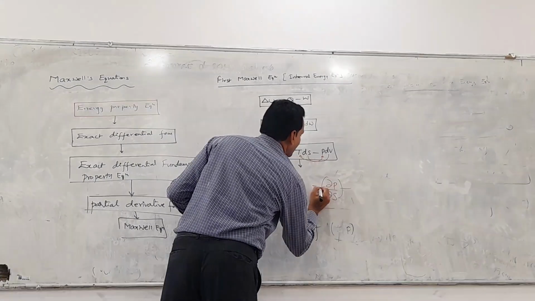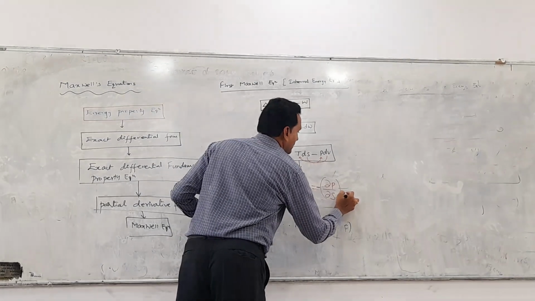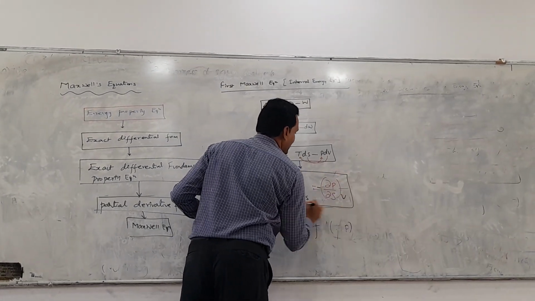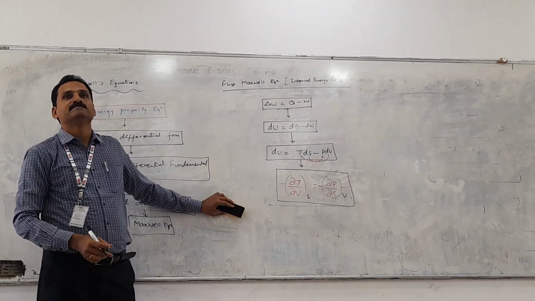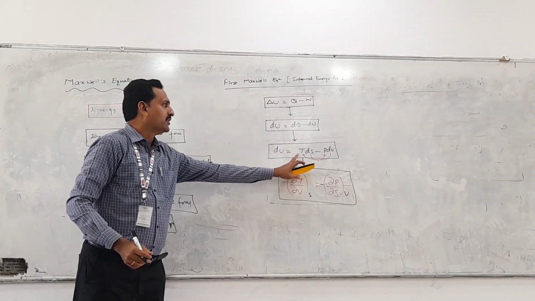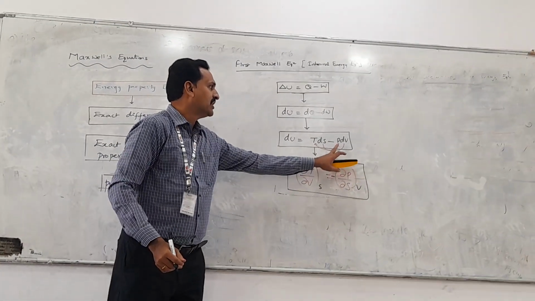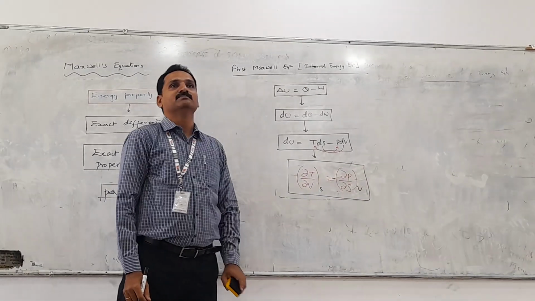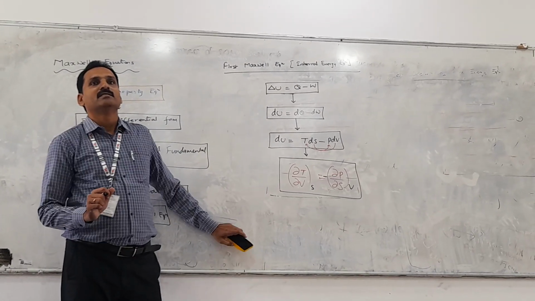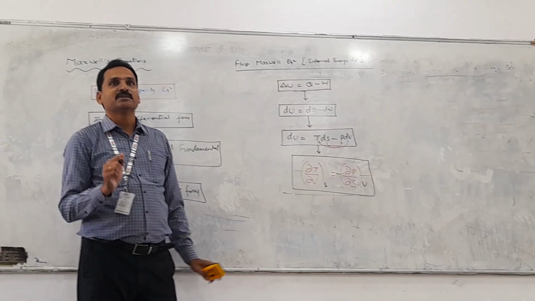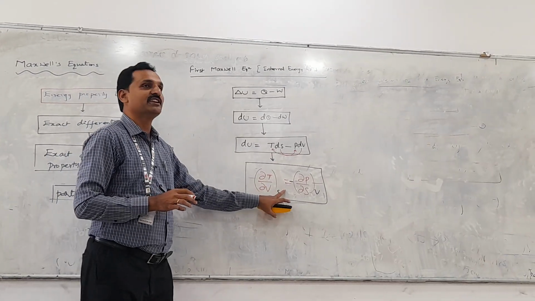This is at constant entropy, this is at constant V. This is called the partial derivative form. Dou T by dou V at constant entropy is equal to minus dou P by dou S at constant volume. Done. Maxwell equation is finished.